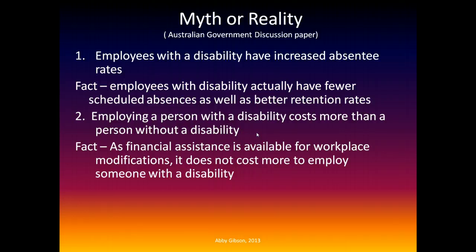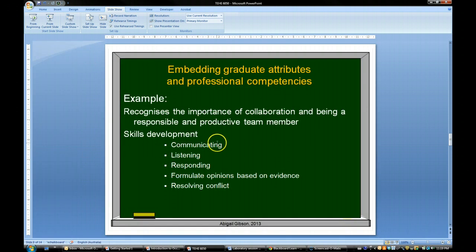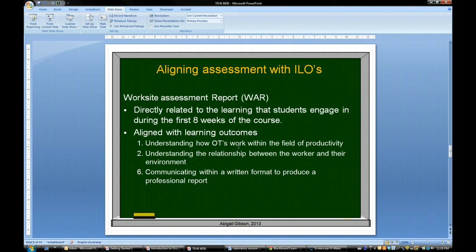So I guess we're trying to put the perspectives of someone with a disability in a broader context, so students are able to understand not just the disability and the functional implications of disability, but also look at the wider implication in terms of work and people's attitudes, employee attitudes, and perhaps environmental barriers as well. So that's an example of embedding professional competencies into the course.